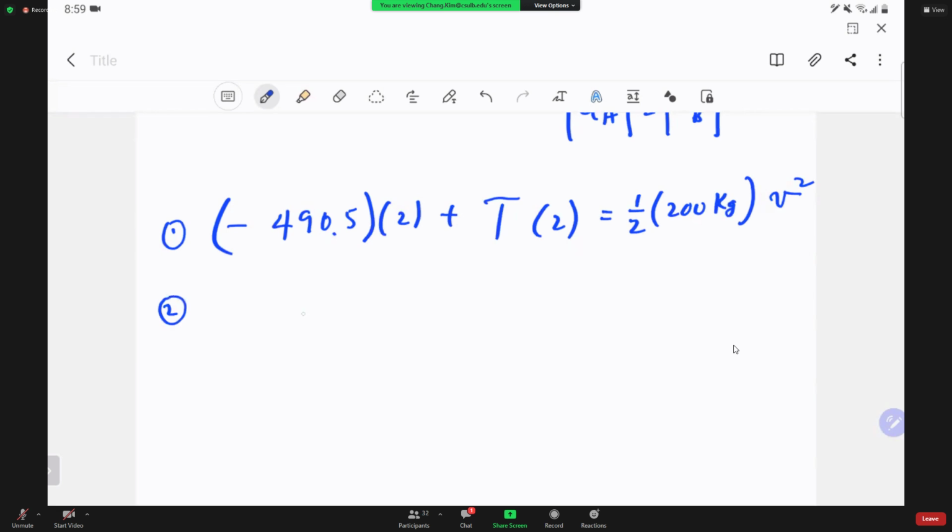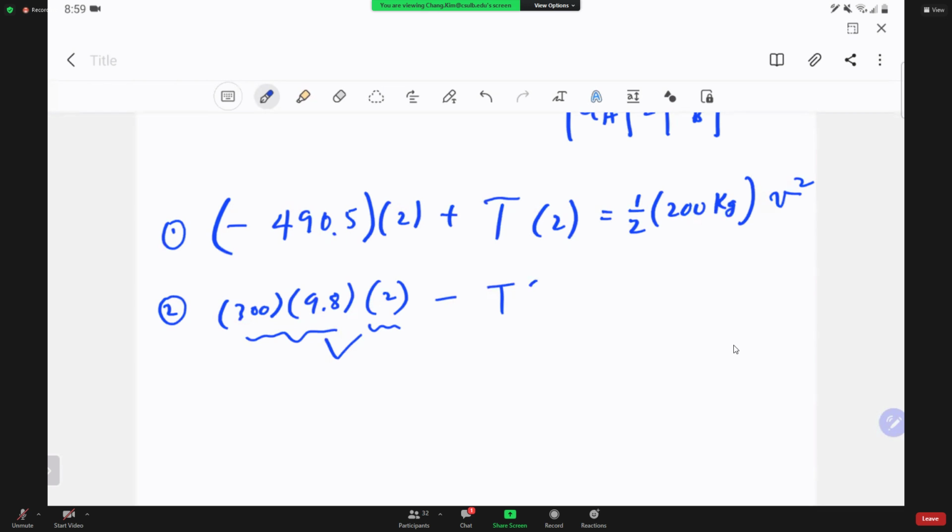Similarly for block B, it's going to be 300 times 9.8, and this is the force times the distance it has to travel, which is 2 meters, so that represents the energy term. The tension acts against the movement for block B to move downward.